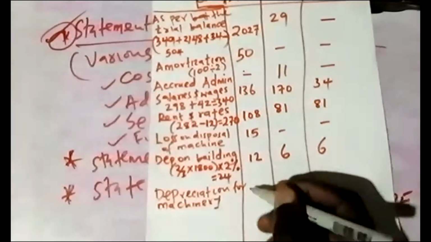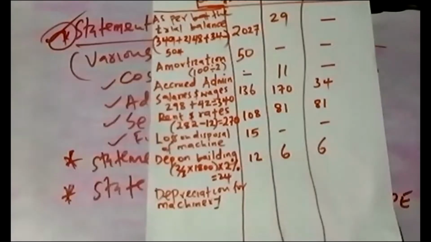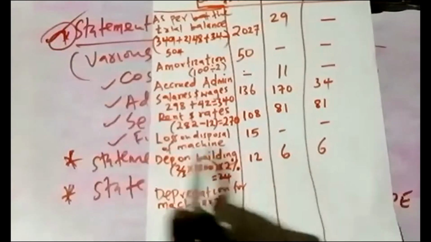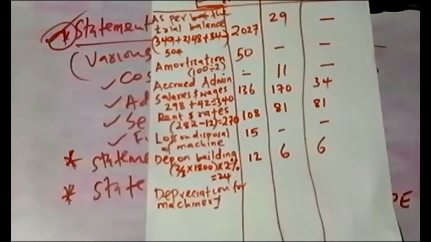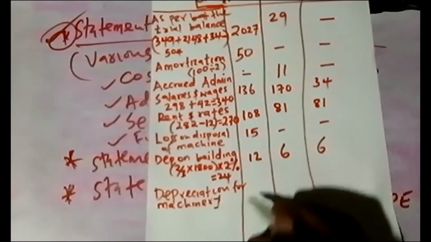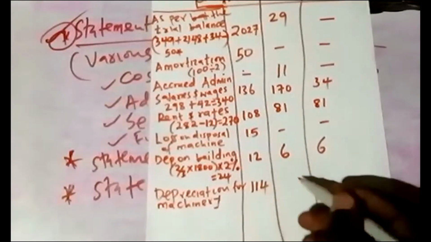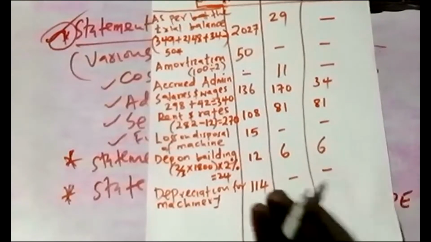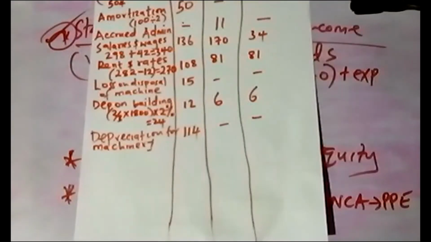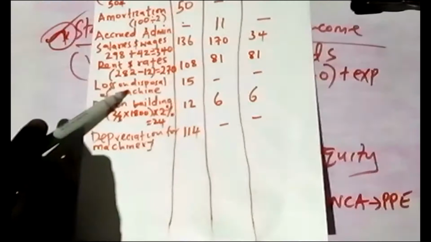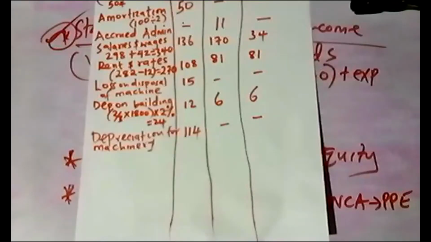I can classify it under the cost of sales, because you can see even the loss on disposal of the machine we have classified under the cost of sales. So even the depreciation of that machine, which is 114, can be classified under the cost of sales.